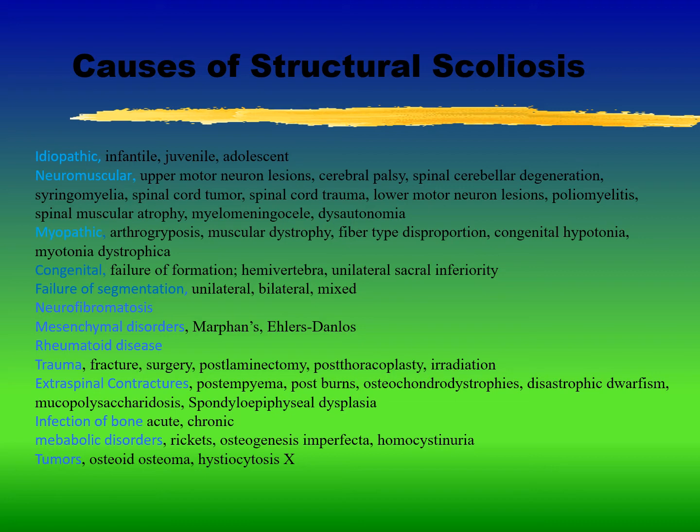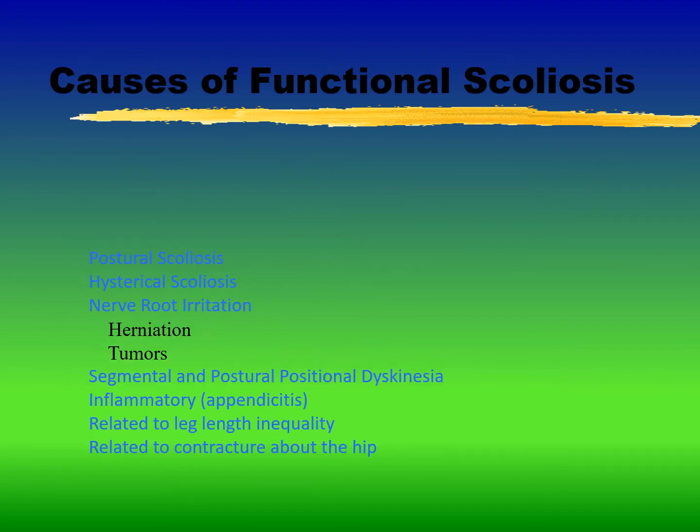So there are many, many causes that can cause structural changes to the spine, and particularly can get as far as scoliosis. The functional scoliosis is something that we as chiropractors can definitely make a big difference with the patient as far as making a correction to it.